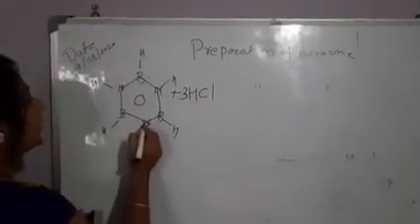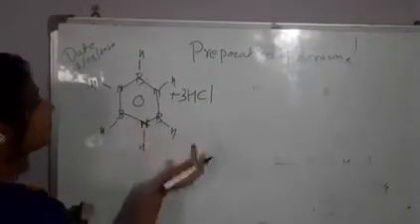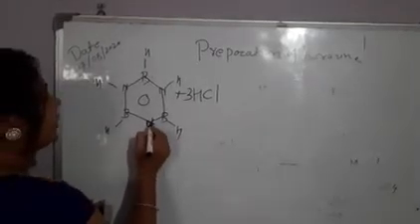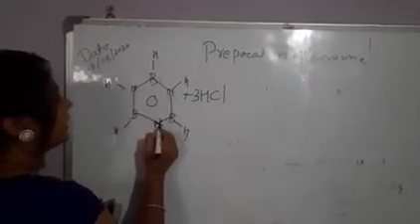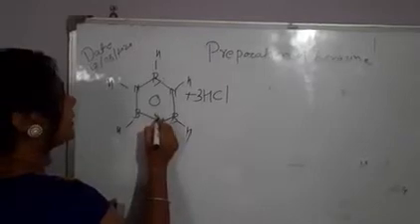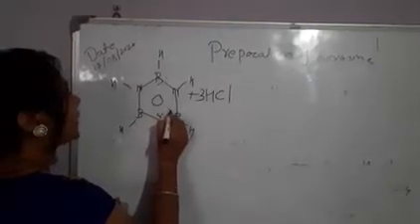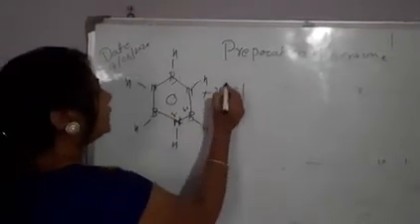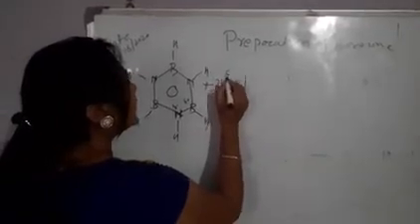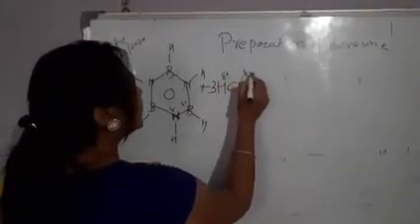Now we know that nitrogen is more electronegative, so it has a slightly delta negative charge and boron has a slightly delta positive charge. In HCl also, H has a delta positive charge and chlorine has a delta negative charge.